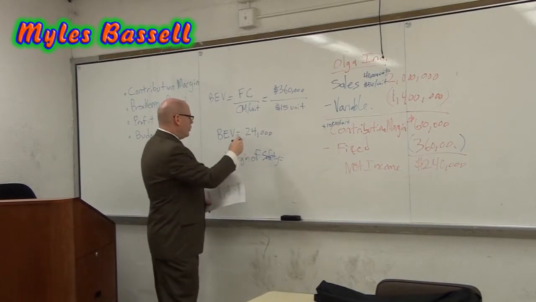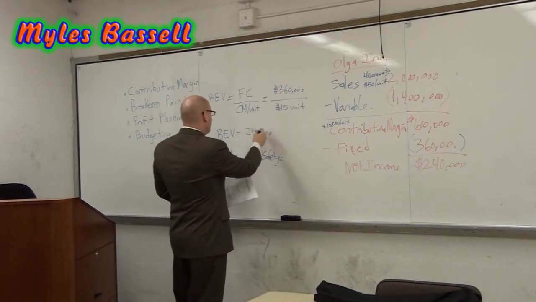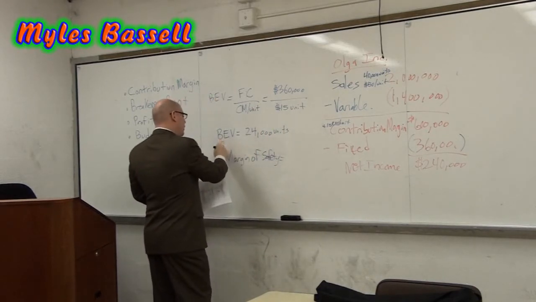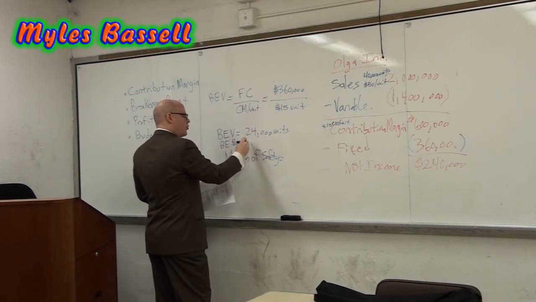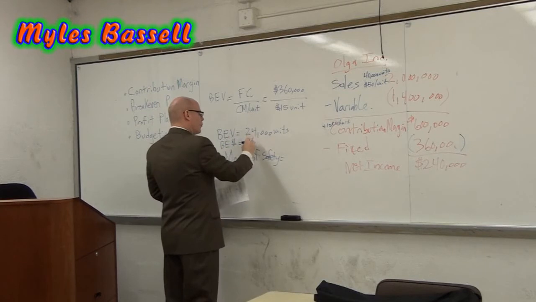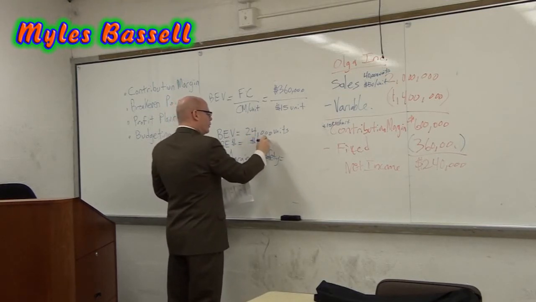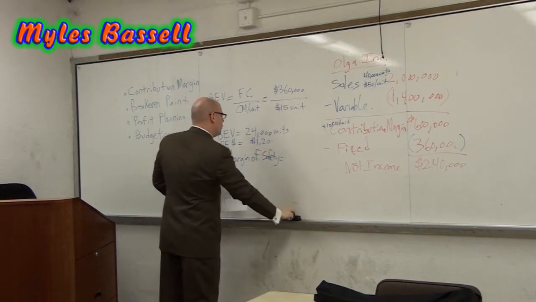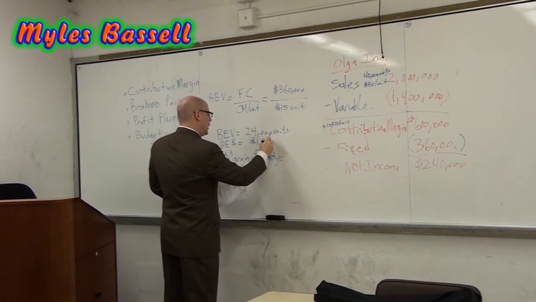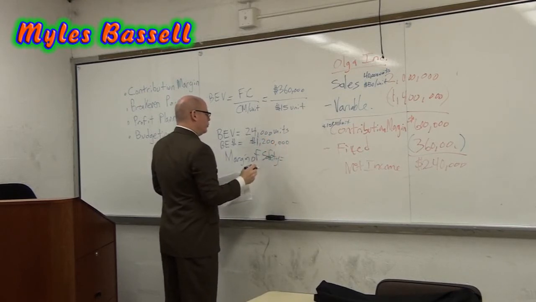Everybody follow? So how much is this in terms of dollars? So the break-even volume is 24,000 units, and the break-even dollar amount is how much? 1,200,000. Yeah. All right, tell us how you got that.